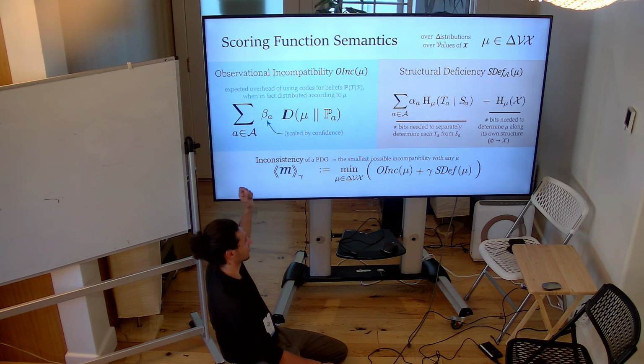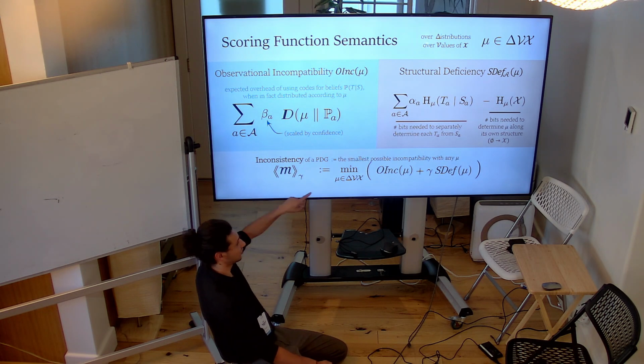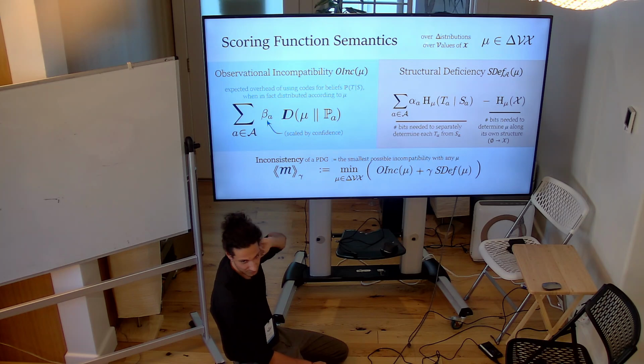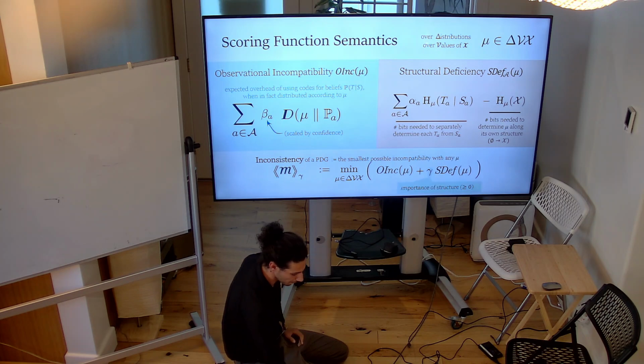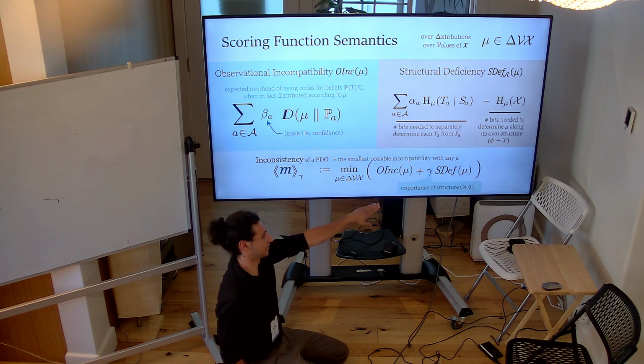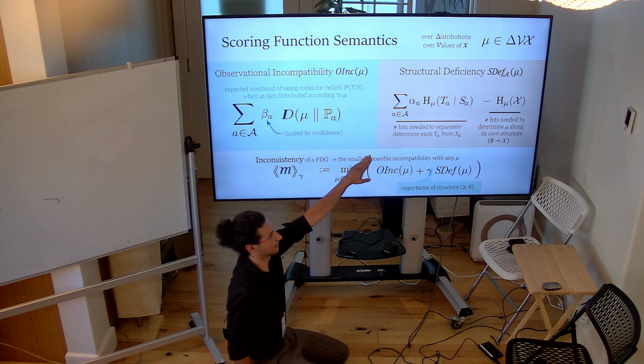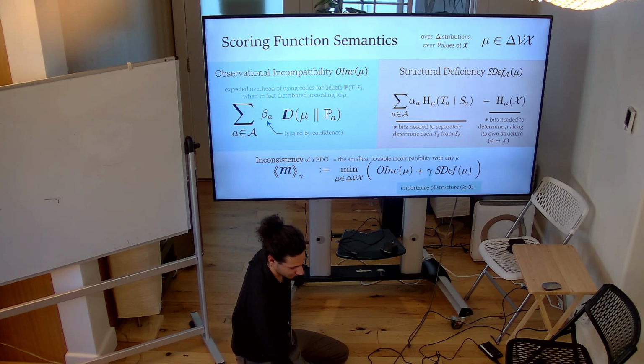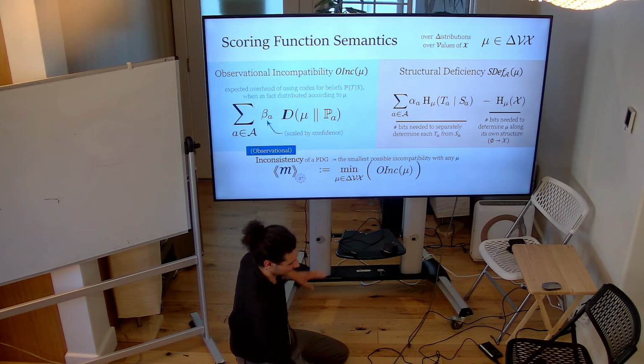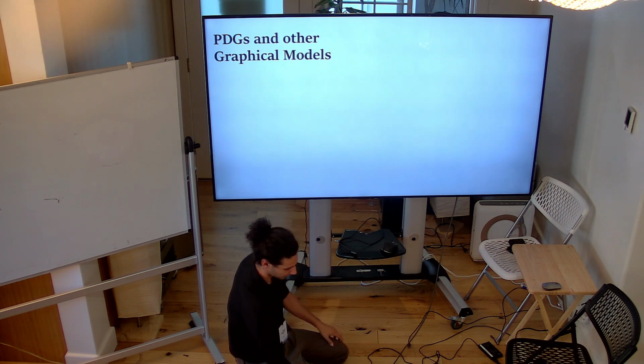For the other semantics I told you about, for the inconsistency, instead of the argument, we just calculate a minimum, which is just a number. And the one other parameter here is the relative importance of structure. How much we care about this function, and I told you we're not going to care about it too much today, so we're going to look at this observational inconsistency where that mostly goes away. So we can take the limit as that goes to 0.